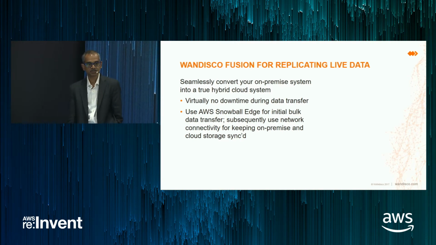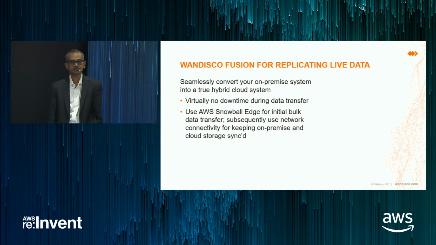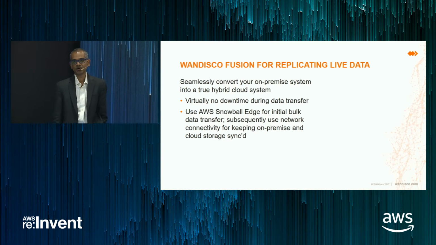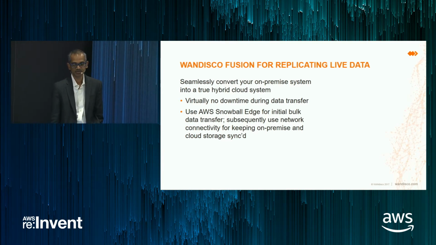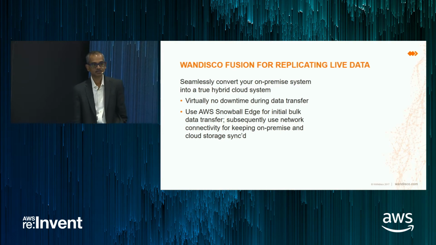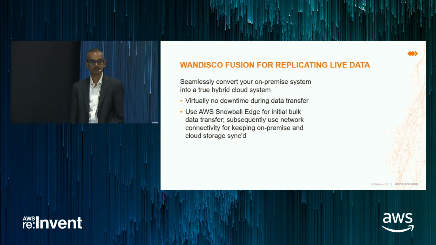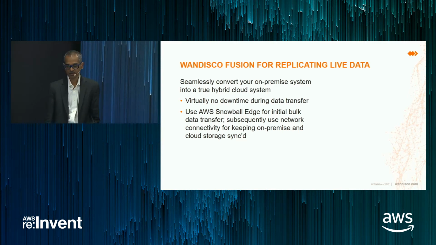In addition to this, we have the ability for you to convert your existing simple single data center on-premise Hadoop or other big data systems, even on-premise cloud object stores, into a hybrid system that includes a replica in the cloud. This can be done with no downtime at all.